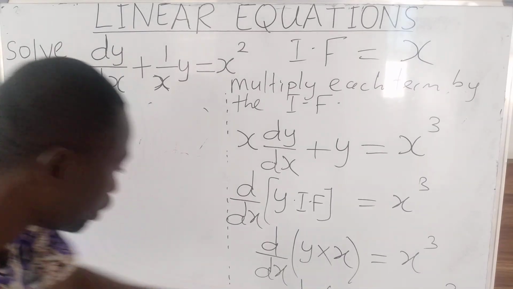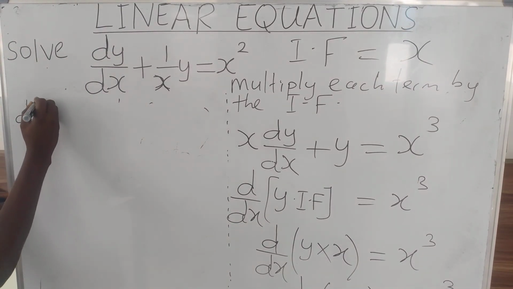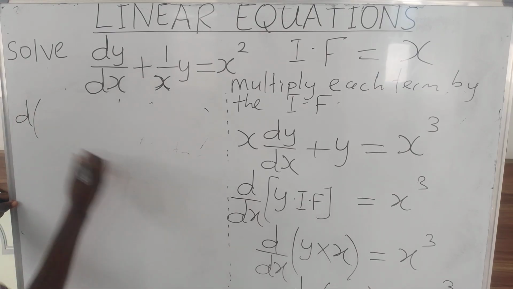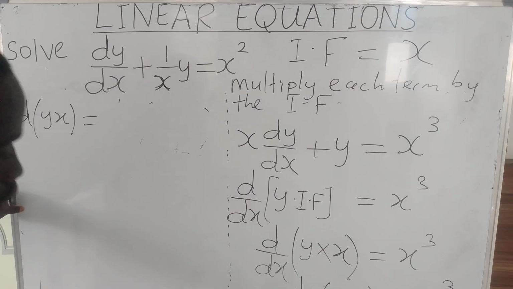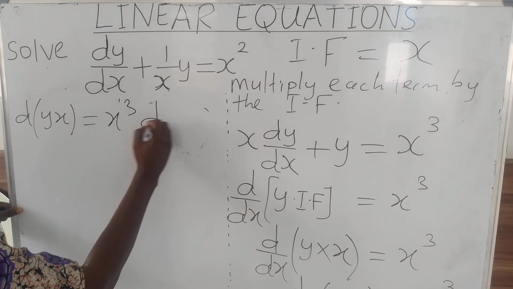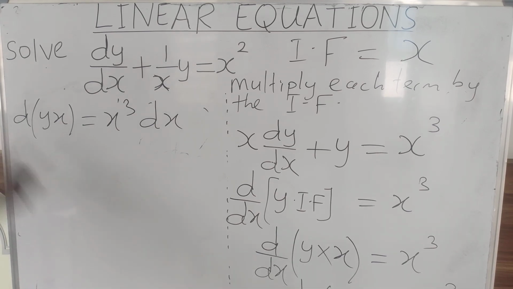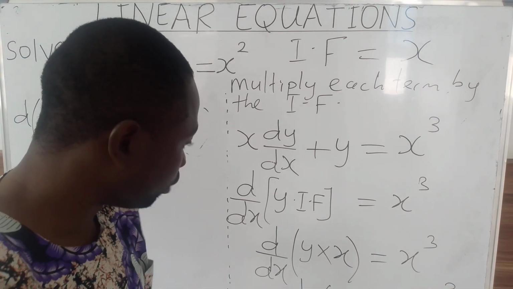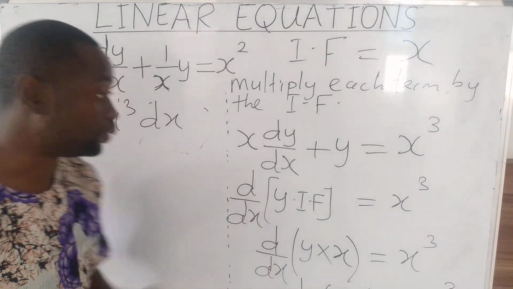Now the first thing I'm going to do is d of yx is equal to x cubed dx, using cross multiplication.